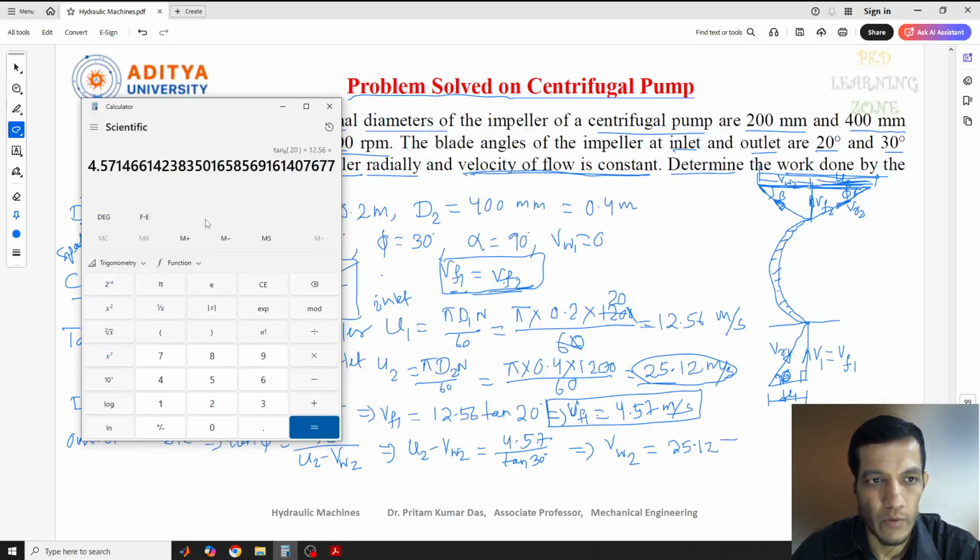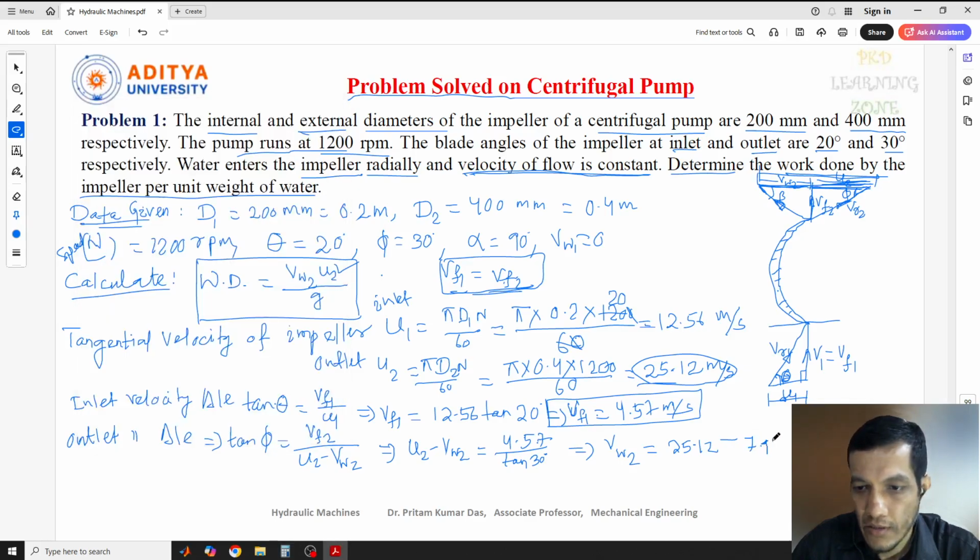So what I'll do, let me find out. Yeah, 4.57 divided, bracket start, and this is how much? 30, and the trigonometric value of tan 30. So we'll get 7.918. Some value we got here. If I subtract this value from here, so near about I'll get 25 minus 7, 18, but here 0.9 is there, so we'll get 17 point something.